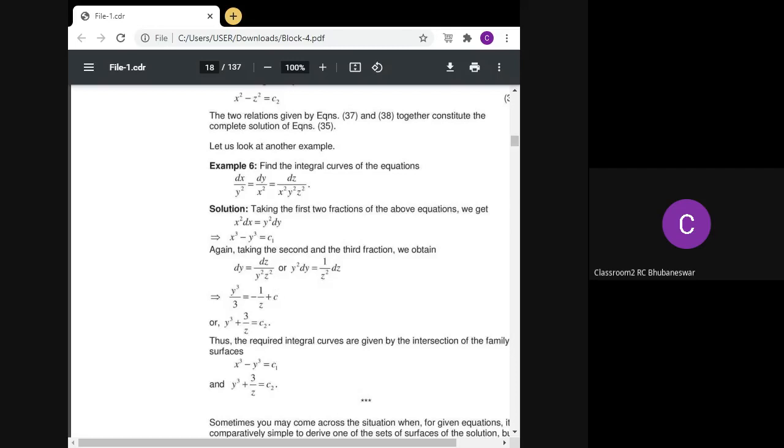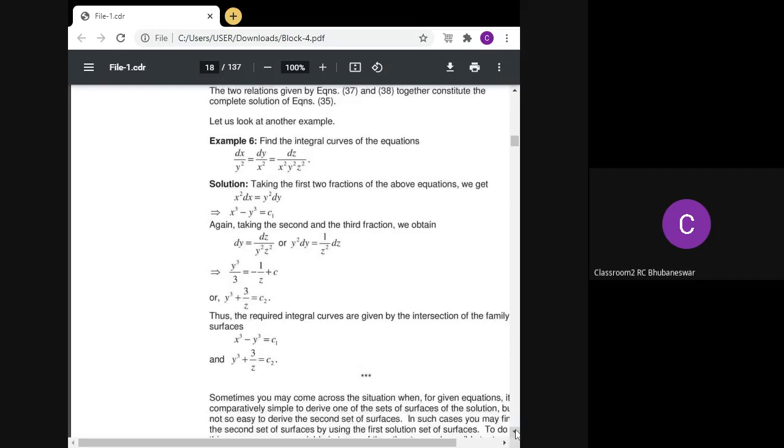Again by rearranging these terms, we separate the variables, y on one side and z on the other side. After separating variables, we take integration on both sides. After integration, we get another solution in the form of y cube plus 3 by z equals c1.